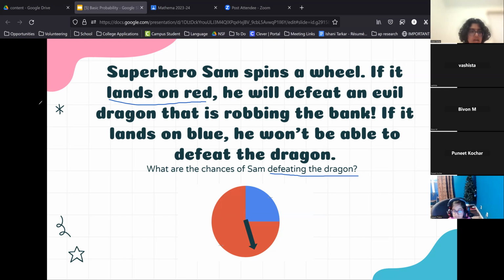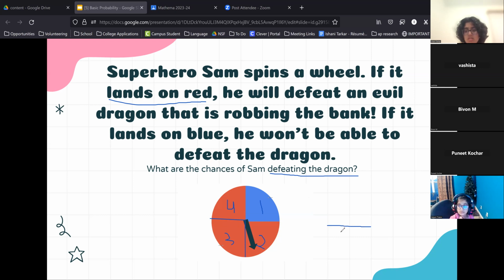So we would have to divide this up like this and like this, right? So it's divided into fourths, so that we have 1, 2, 3, 4 total parts that are equal in size, which would mean that they have an equal probability of occurring, or an equal chance of landing on any part of them, right?